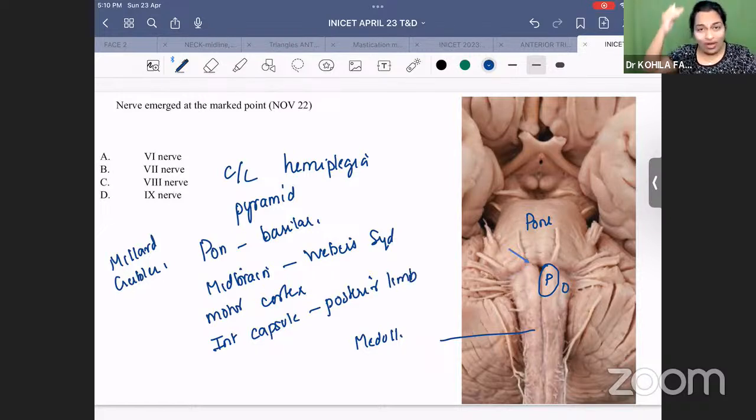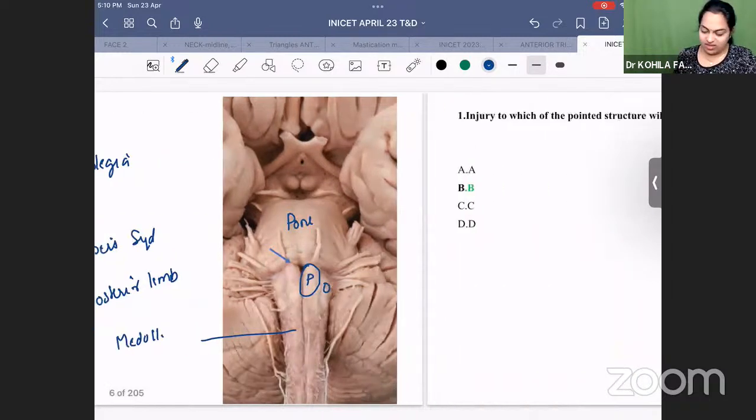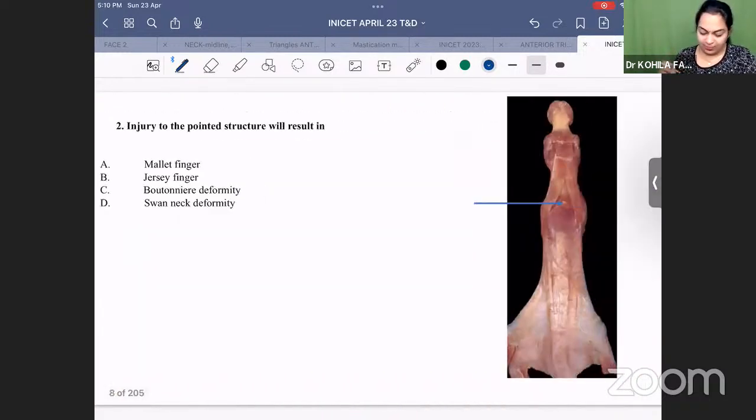Injury to all these can lead to contralateral hemiplegia. So this question is very important, where you should be able to identify the structure pointed, the lesion related to it, and the third thing, you should be able to list out the conditions that cause contralateral hemiplegia. Done? We'll move on to the second question.